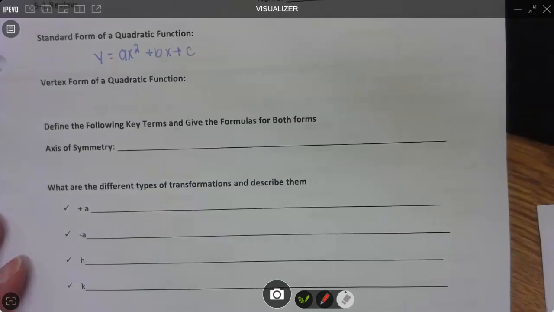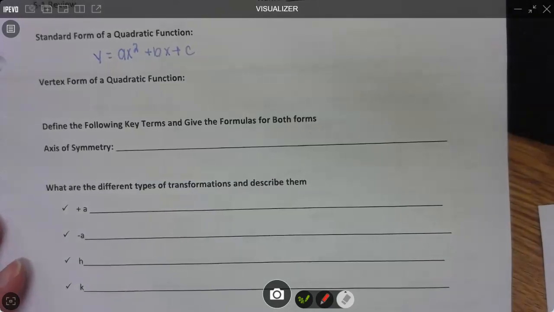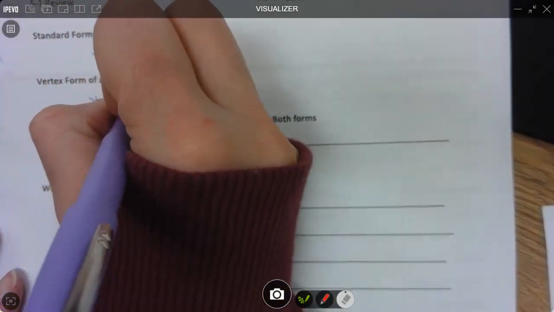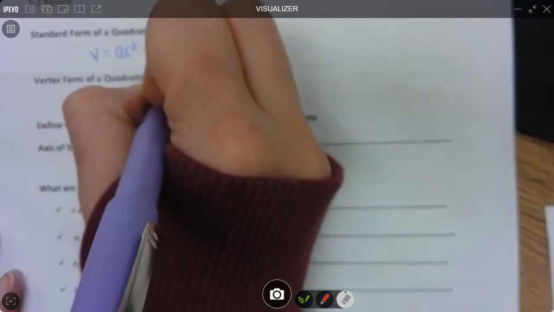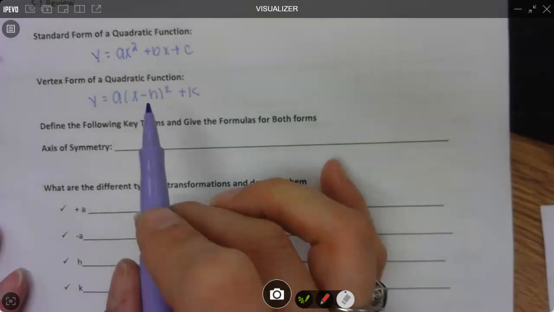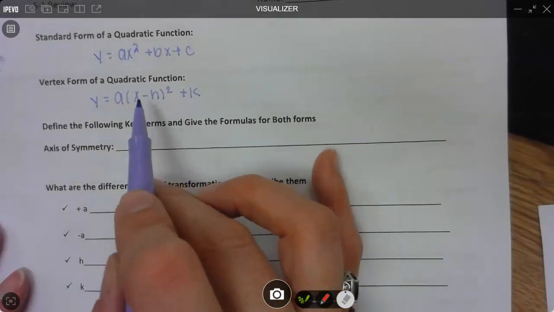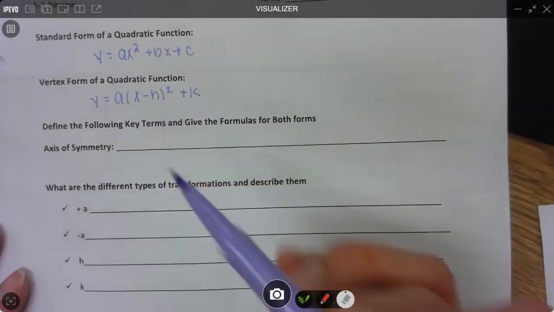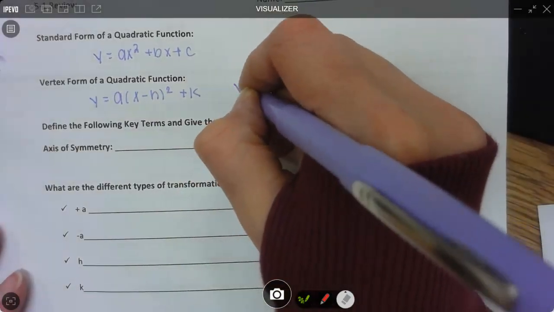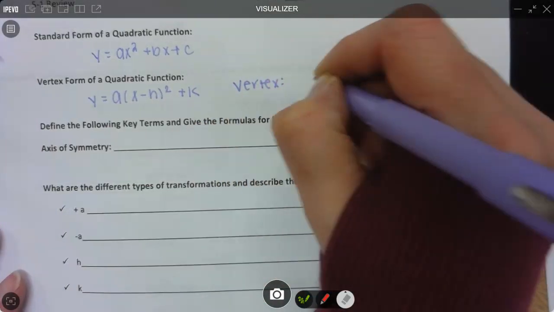We're going to do a lot with standard form next week. Vertex form is the form we've been focusing on this week. It's y equals a(x minus h) squared plus k. So that minus is part of the formula. That's why when we talk about the vertex, we take the opposite of what's inside.